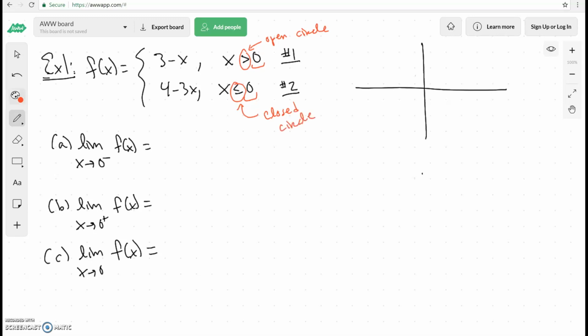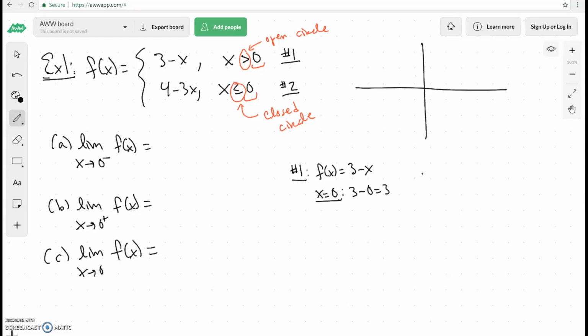Okay, so the first thing that I'm going to do, I'm going to start working with equation number 1, so my first function. Okay, this is going to be f of x is equal to 3 minus x. So the first point that I really want to look at is at x equals 0. So when x equals 0, I'm going to have 3 minus 0, and this is going to give me 3.